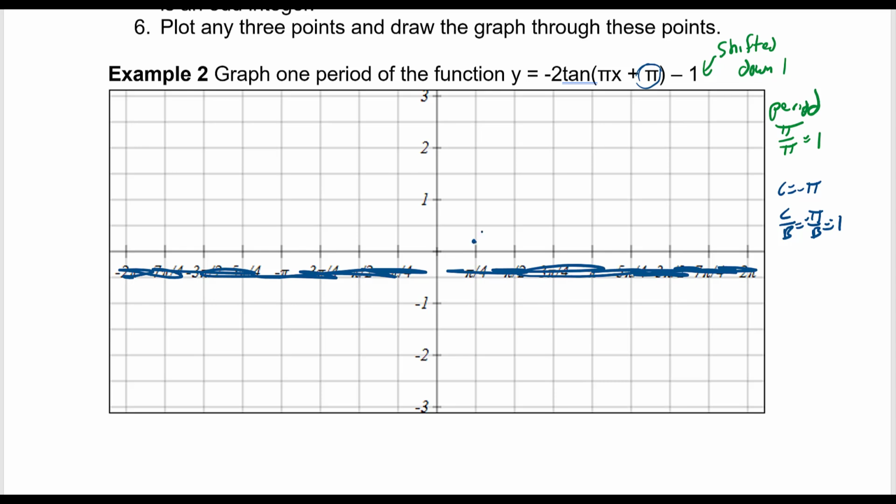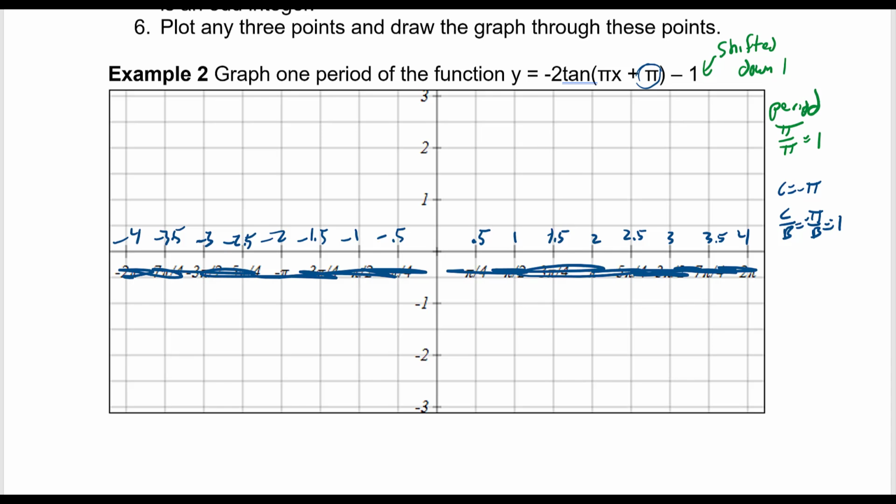I guess I could say 0.5, 1, 1.5, 2, 2.5, 3, 3.5, and 4. Negative 0.5, negative 1, negative 1.5, negative 2, negative 2.5, negative 3, negative 3.5, and negative 4.